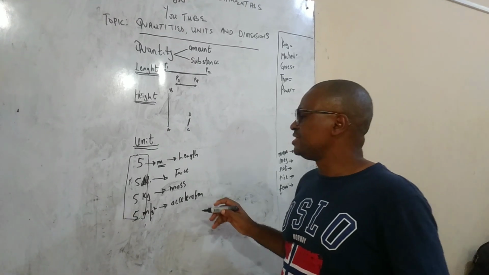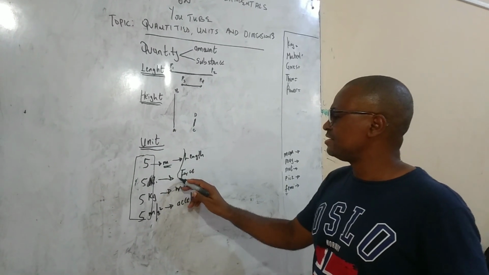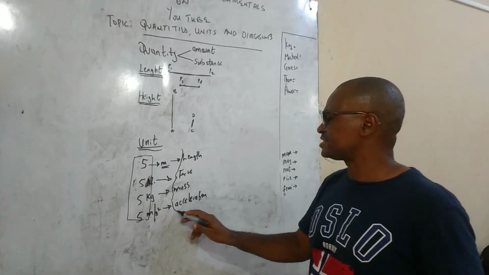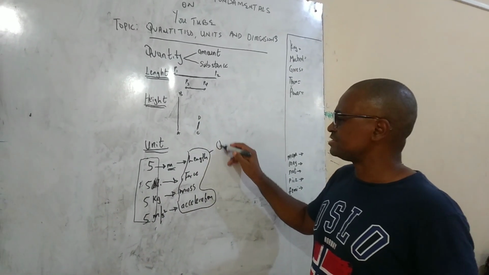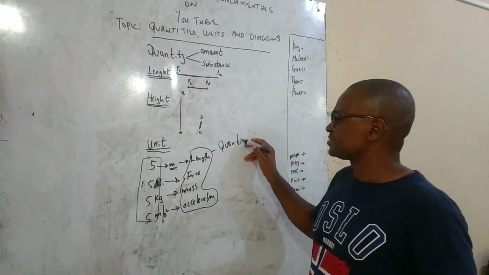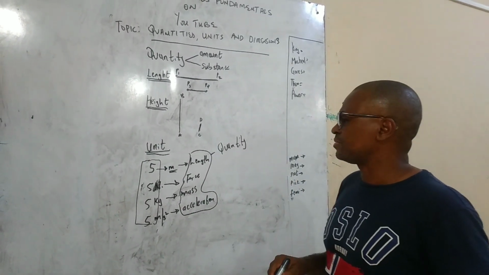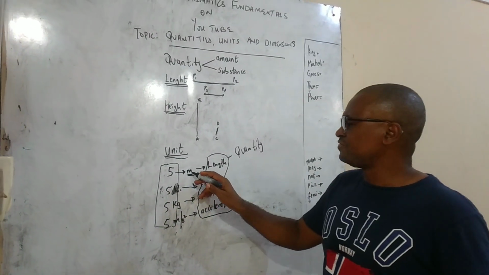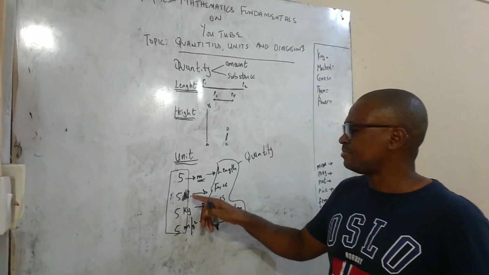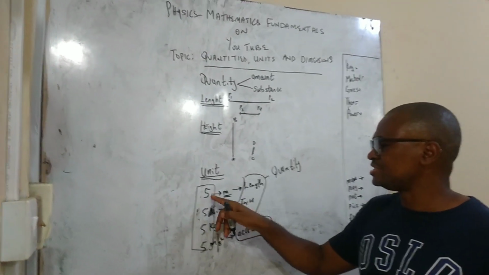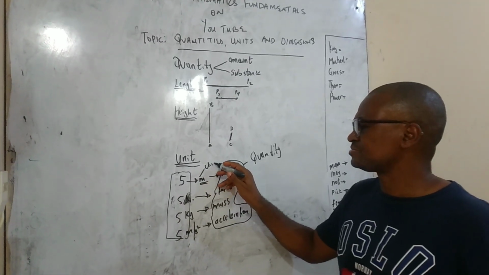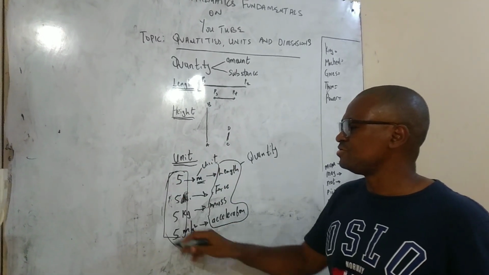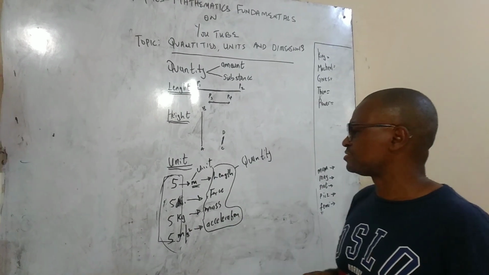Now, this length, force, mass, and acceleration that I've written here, they are known as quantity. Each of the letters I put together with these numerical values, they are known as units. So this numerical value is talking about the amount of this particular quantity.